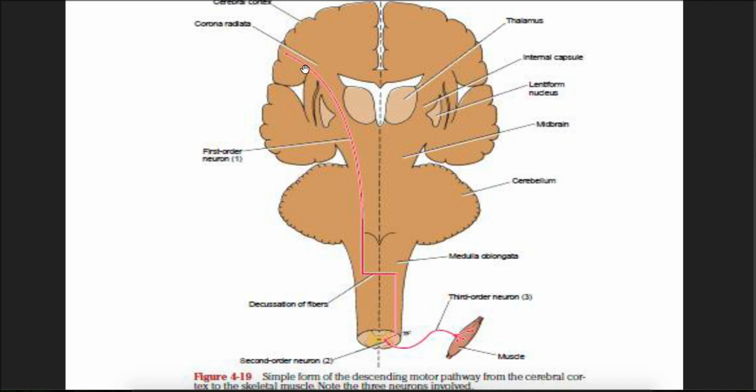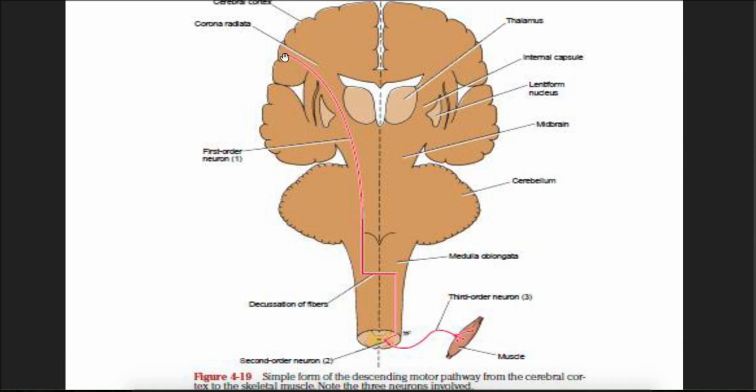The first order neuron is this fiber which is coming down. Then in the midbrain, it crosses to the opposite side. And finally, this is going to be the third order neuron here, which is leaving.